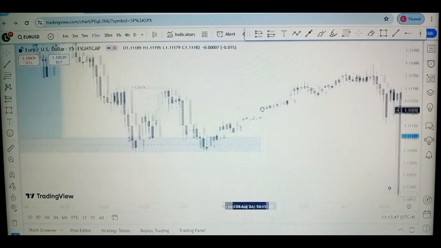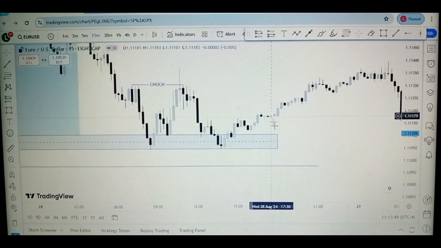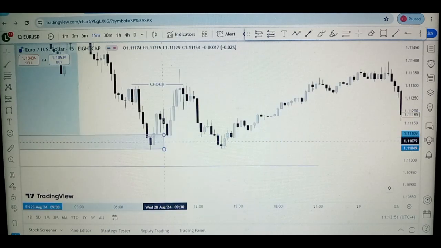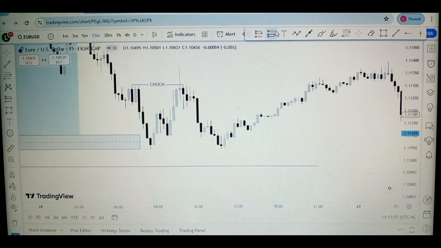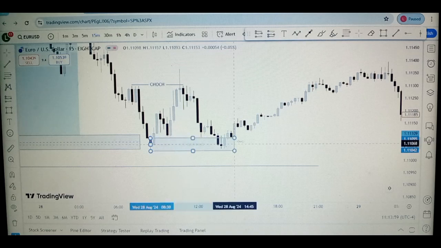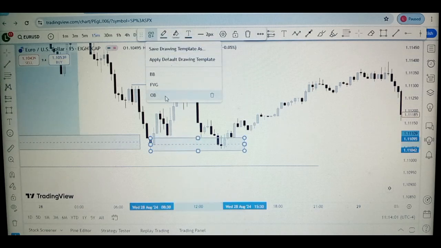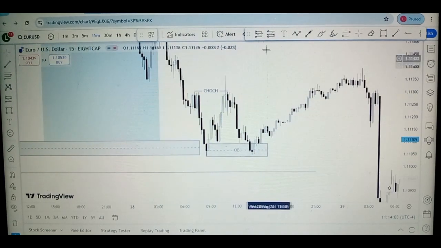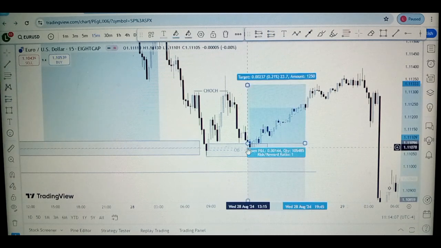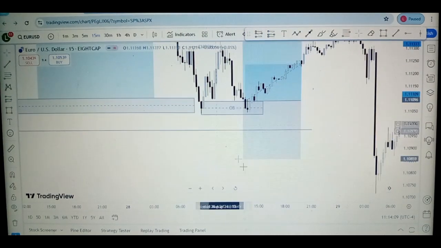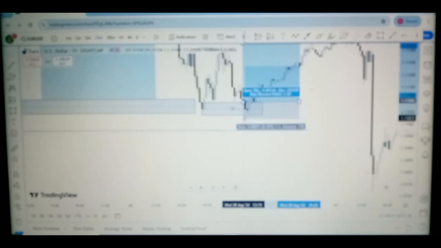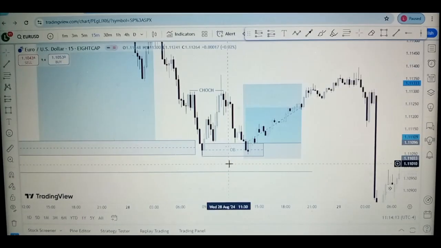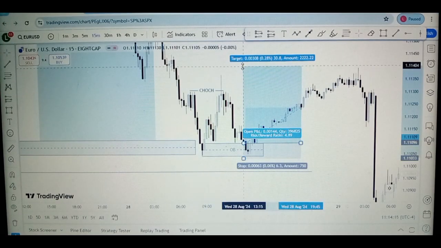So what I was looking for was a place to enter from, which on the 5 minute I didn't see, or an order block where I'd enter from. So I chose this order block on the 15-minute time frame, and I took a long position, stops just below our demand level just for spread, targeting a 1 to 5.